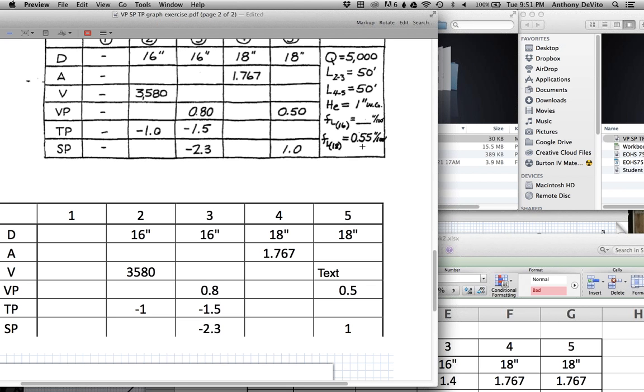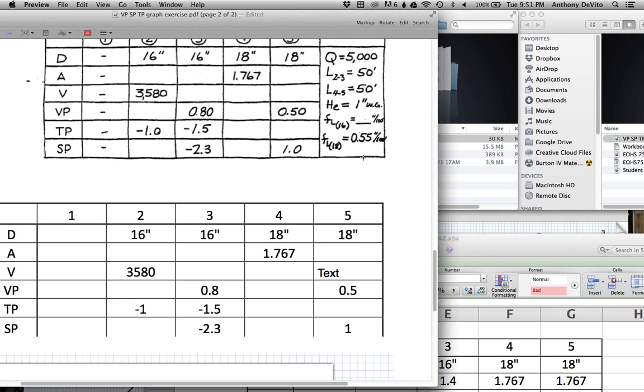So we would be multiplying the velocity pressure times K. In this case, they're just telling us what the static pressure loss is in inches per 100 feet of ductwork. Normally we would have a K factor that we would multiply the velocity pressure by to get the amount of loss, times the length of the ductwork.